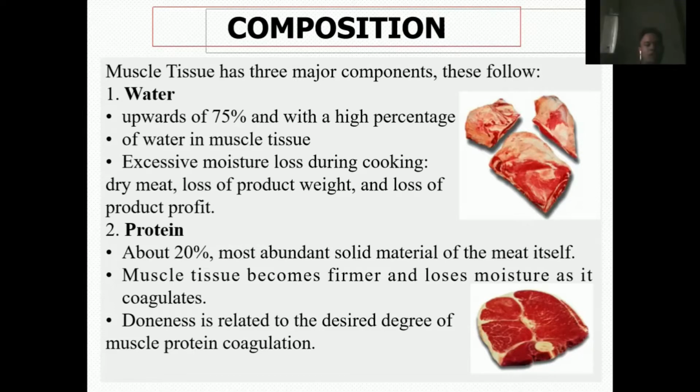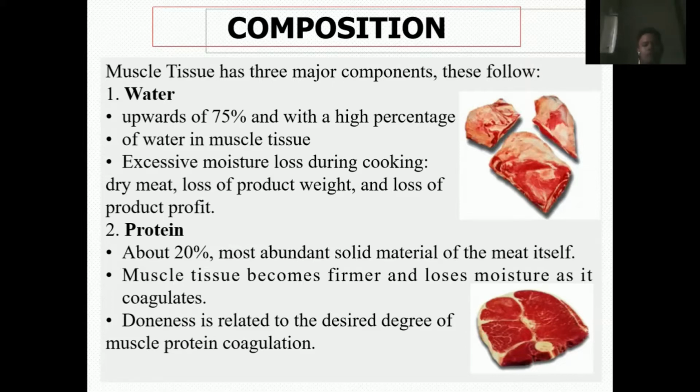Next is the excessive moisture loss during cooking. These are the dry meat, loss of product weight, and loss of product profit. Second component is the protein, which is about 20%, and it is the most abundant solid material of meat itself.